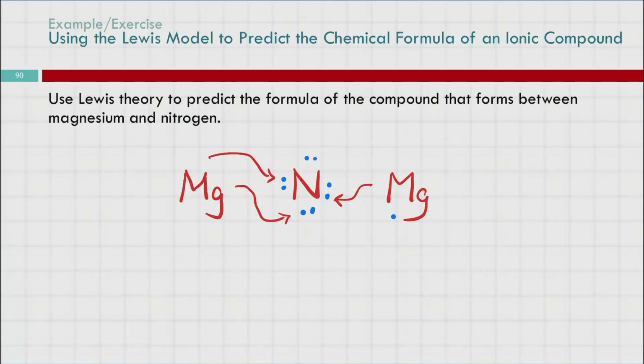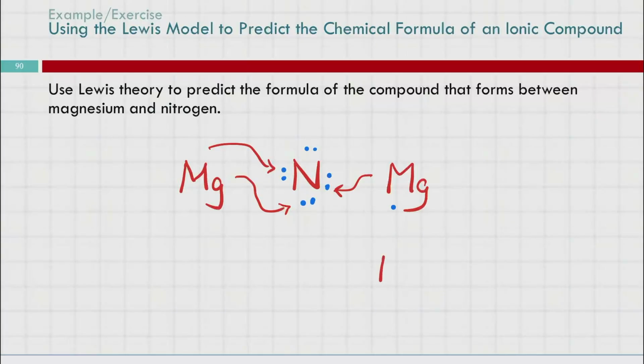However, we now have 1 electron left on our magnesium. We'll need to find a place to give that away, and nitrogen is a great place to give that away. So we add in another nitrogen, this one with, again, 5 valence electrons.